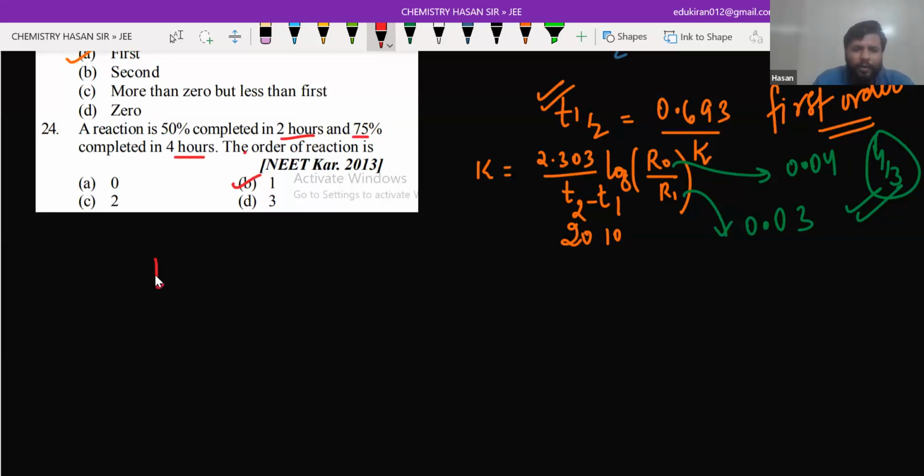Or here, if you are going to calculate K, the time taken to complete 75% will come out to be double of 50%. So the answer will be 1. Can you do this or should I explain it more? I can do it. Okay, that's good.